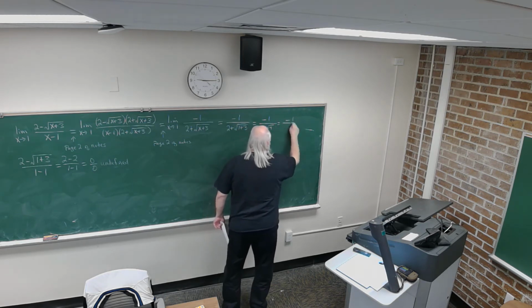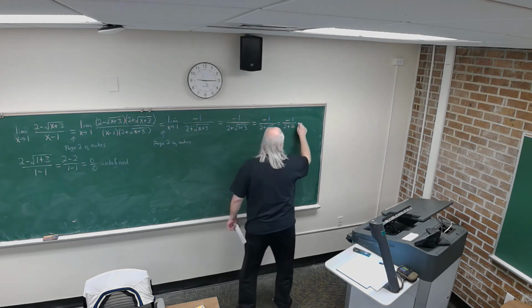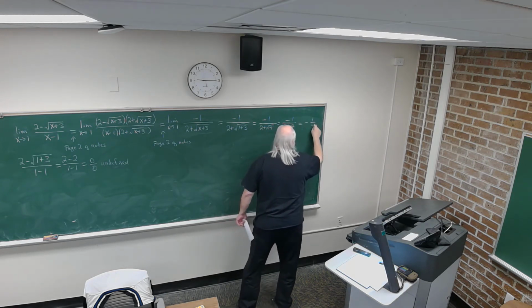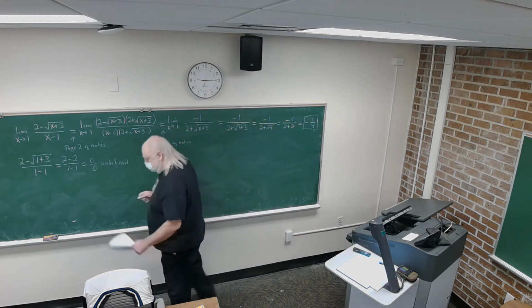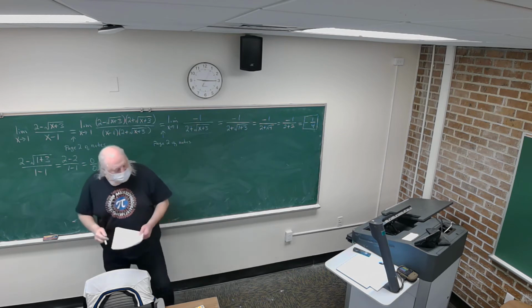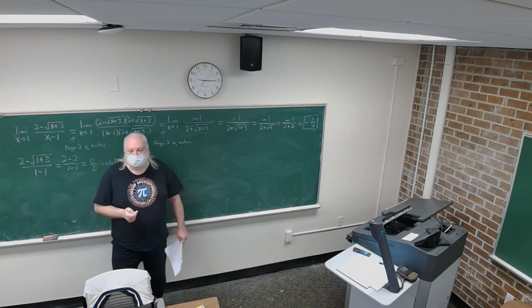The square root of 4 is 2. And 2 plus 2 is 4. So the value of the limit is equal to minus 1/4.